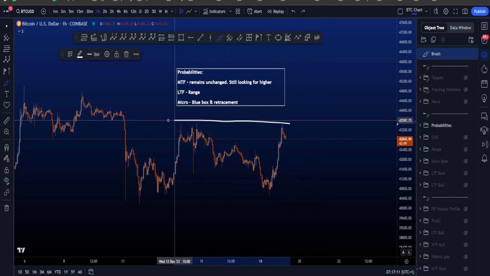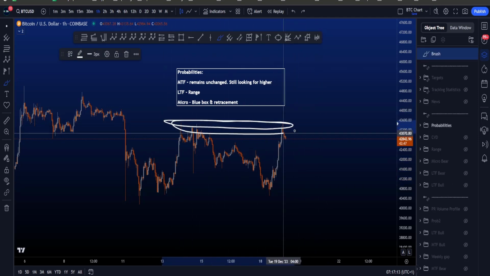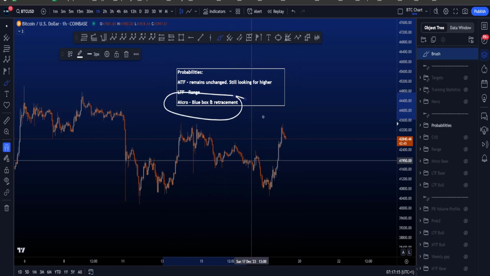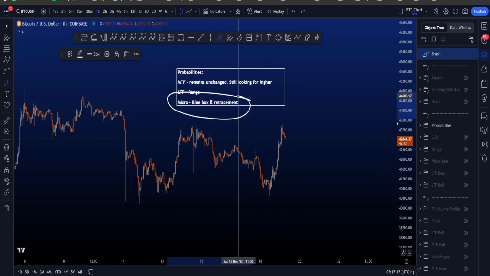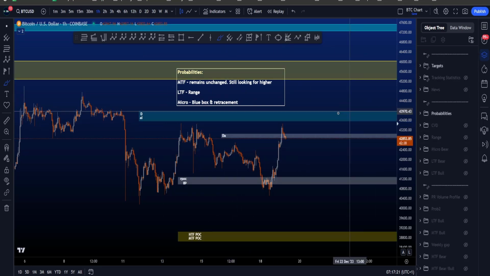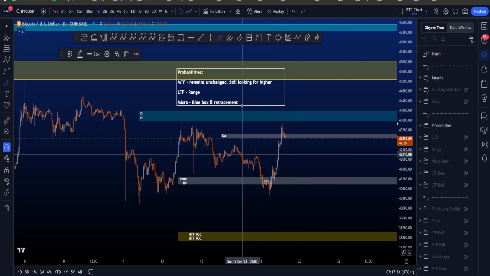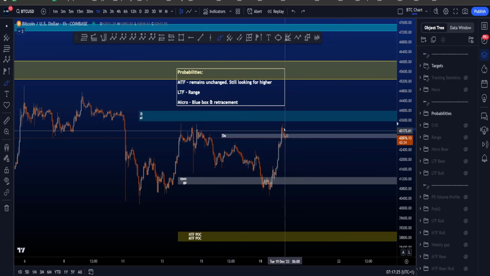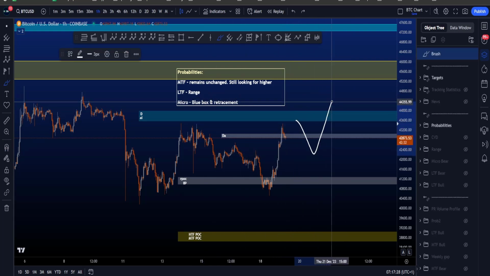So still looking for upside, still looking for price to take the double top, which is also what I write in the micro over here. The higher probability is to take the double top here locally, reach the blue box that we have, and then we could be looking for a bit of a retracement, potentially then a wave B for continuation.